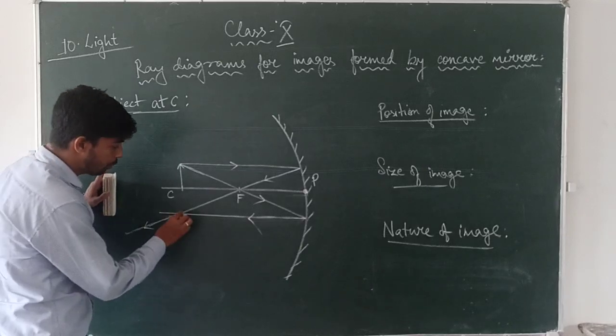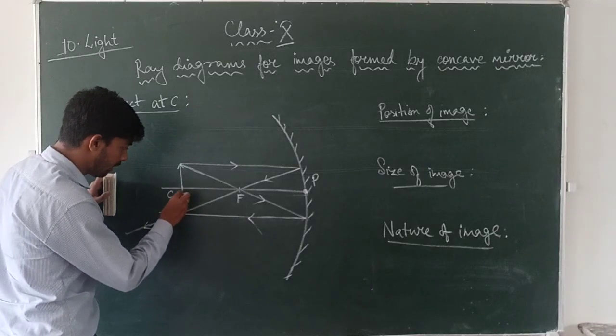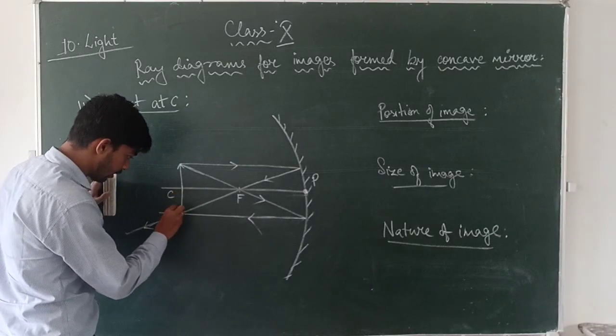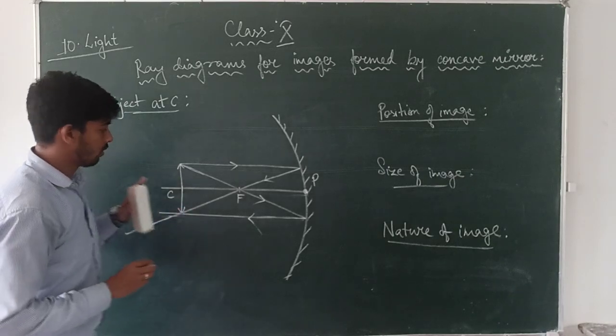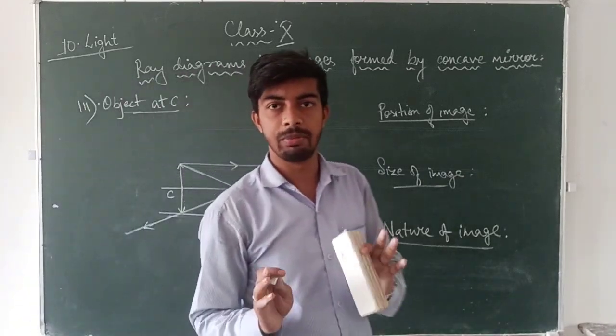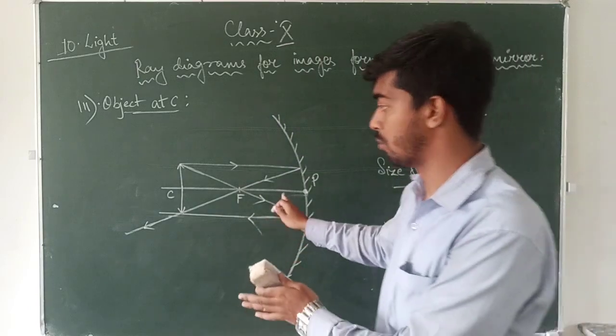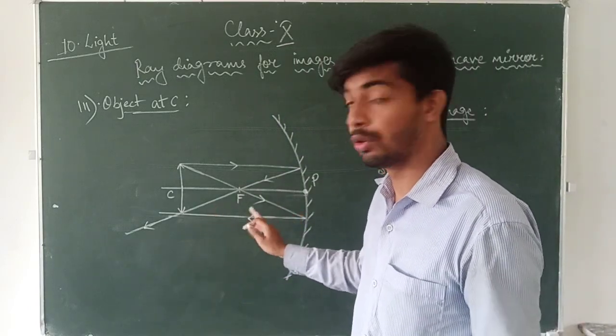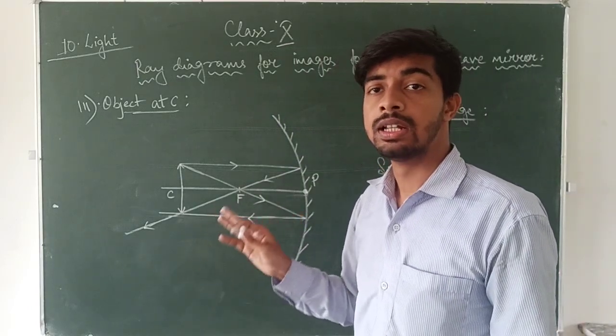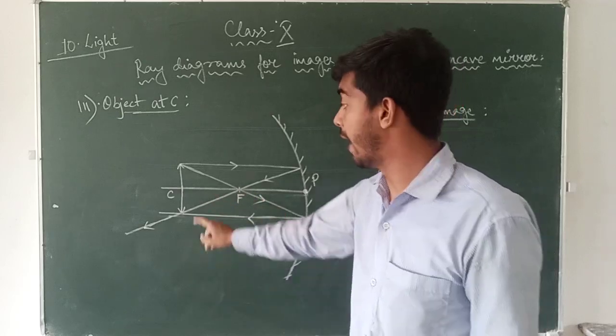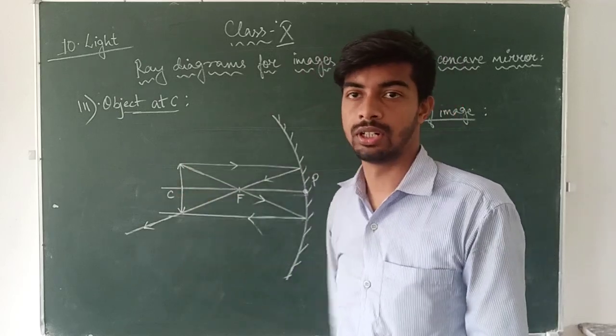Here the 2 rays meet at this point and the image is formed here. My ray may be a little bit bent because I have not used proper measurement, but if you use proper measurement, you will get the image exactly at C, below the object.